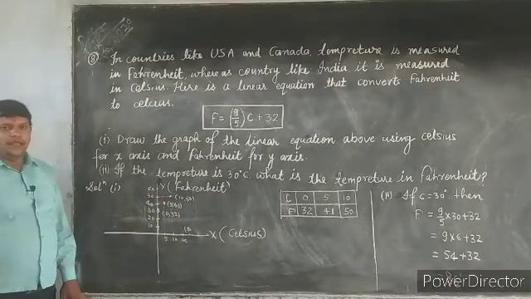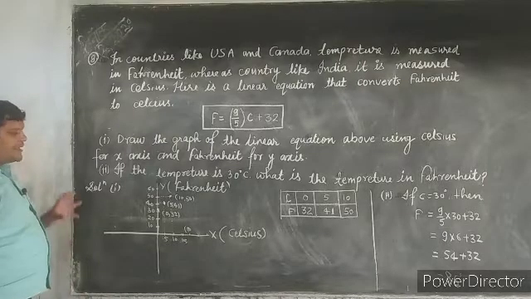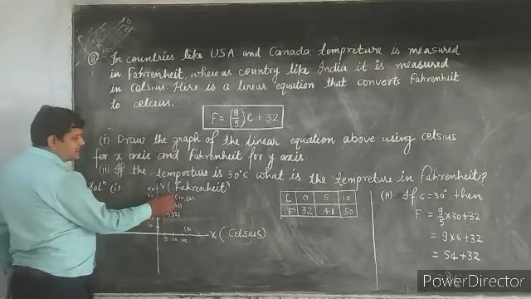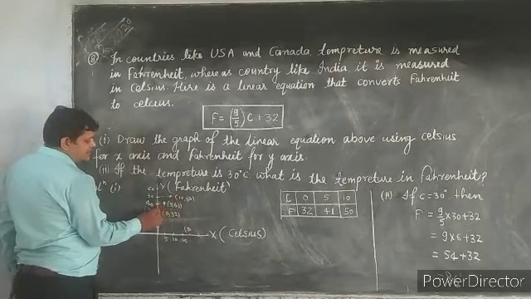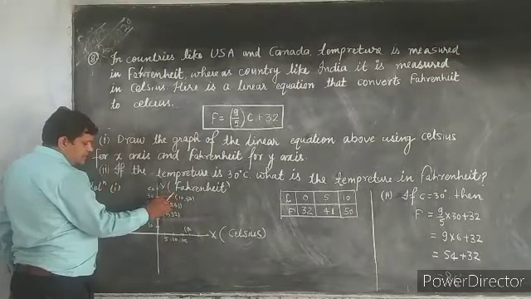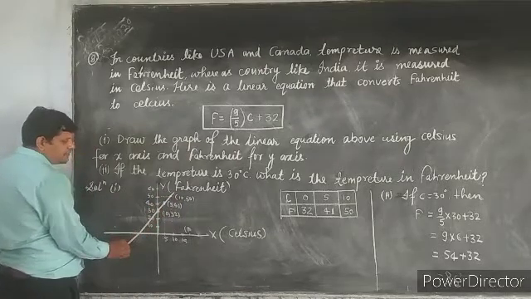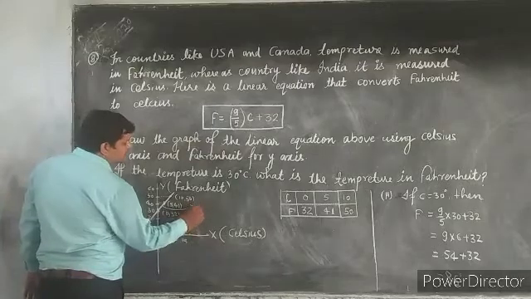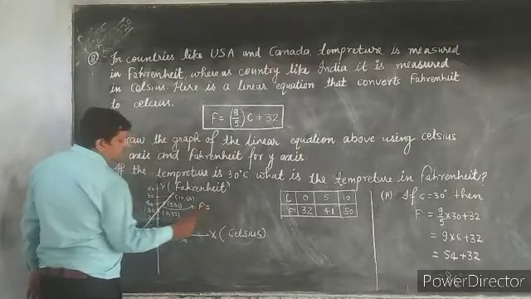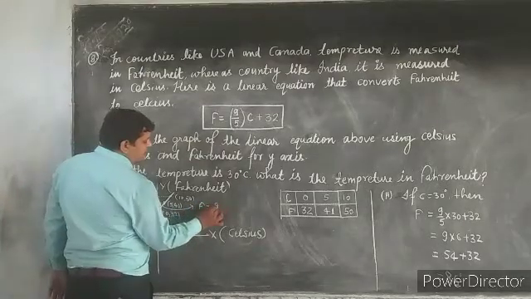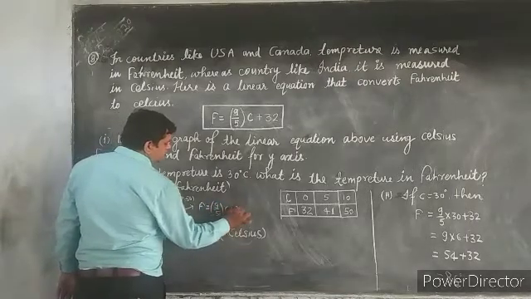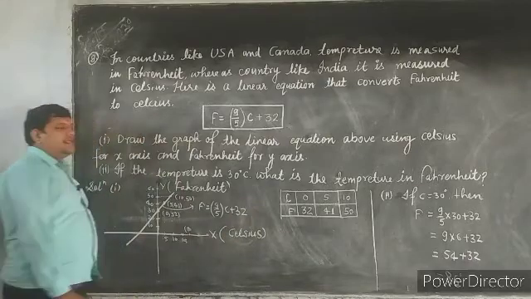As you know, for drawing a linear graph we need at least 2 points, but for ease we have drawn 3. We will join these points and get a graph. This graph is for the given equation F is equal to 9 by 5 C plus 32.